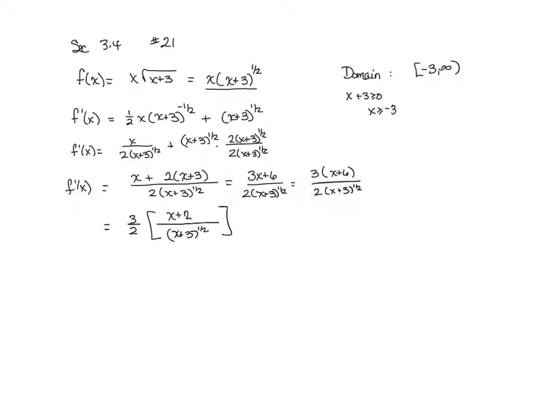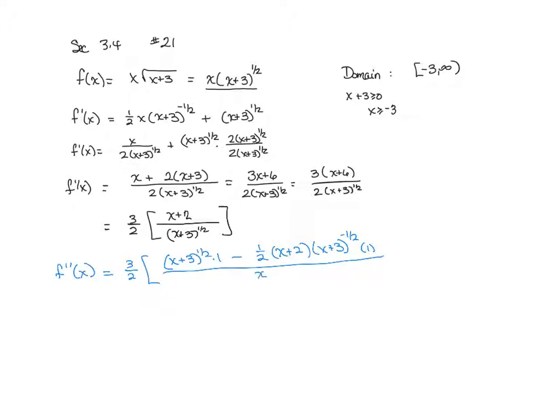Now I take my second derivative, and I have my 3/2 out here, and I'm going to use the quotient rule. The bottom times the derivative of the top minus the top times the derivative of the bottom. So I'll bring the 1/2 power down, subtract 1 from the power, multiply by the derivative of the inside, all over the bottom squared.